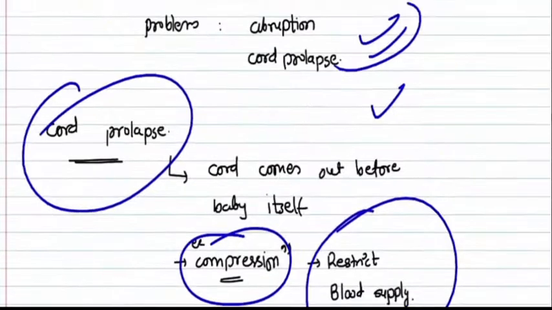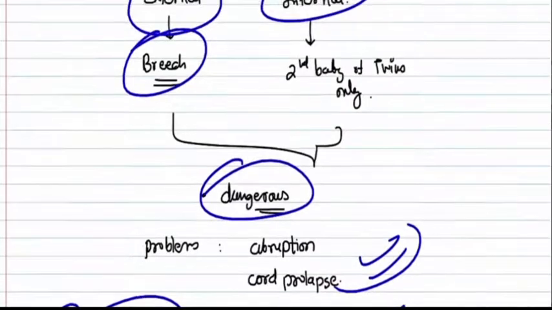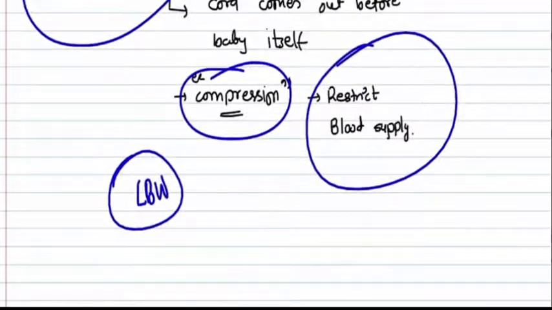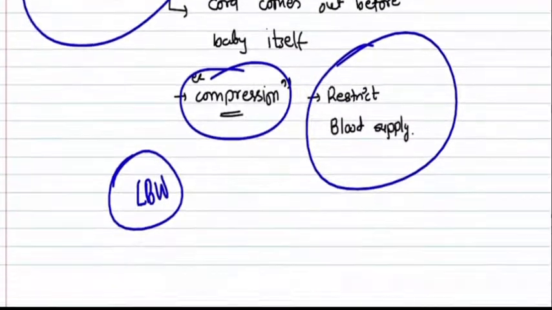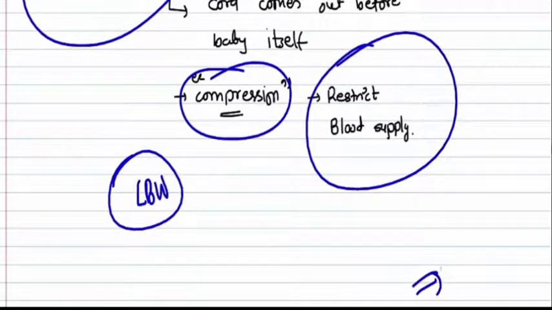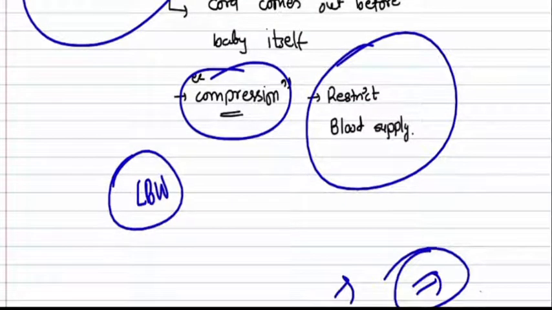So you should always manage this kind of twin pregnancy in the higher centers only. Also the babies born with twin pregnancy or even multiple pregnancy tend to have low birth weight, and that's why proper neonatal care or proper pediatrician care should also be arranged. The beds in the NICU should be arranged.